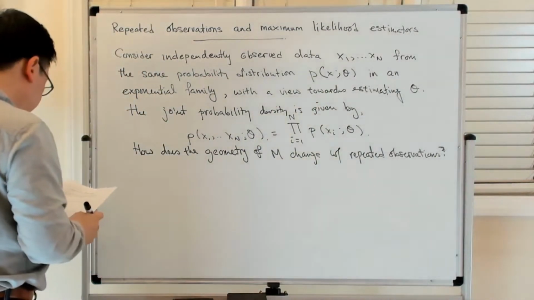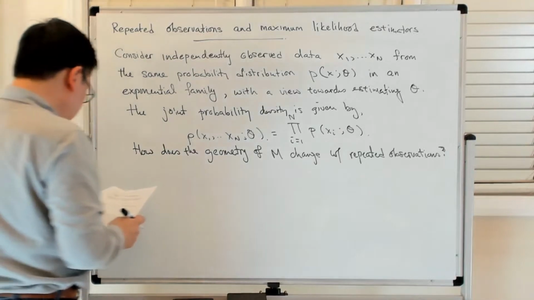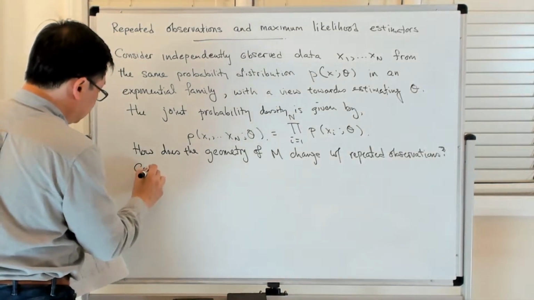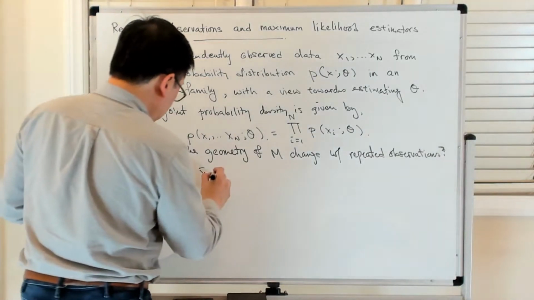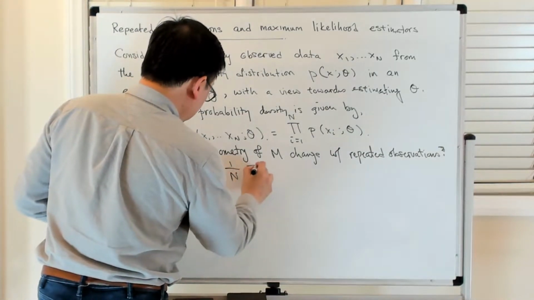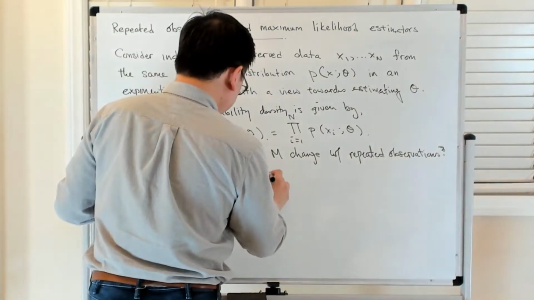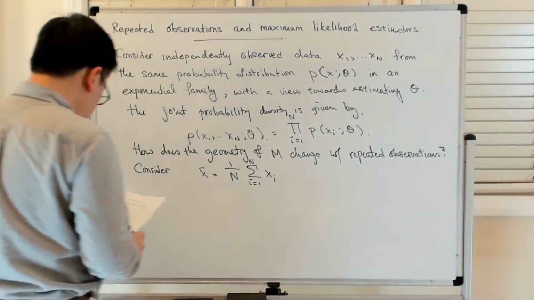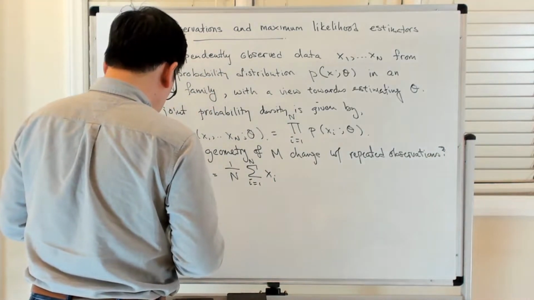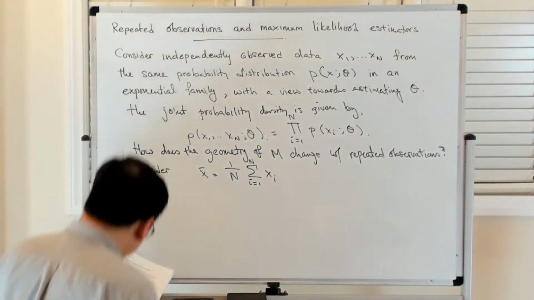You could, for example, consider just the average of the observations. So consider x bar, the sum of the observations divided by n. Then I can rewrite this probability distribution the following way.